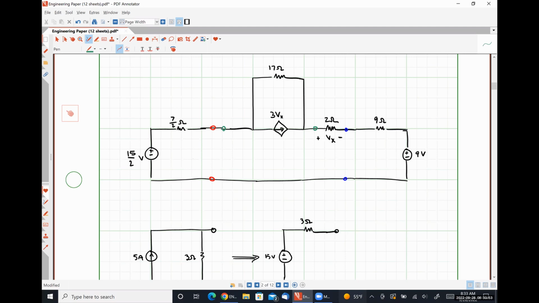Recall that V is equal to I times R. That's literally the rule we're using here. So if I is 3Vx and R is 17 ohms, 3 times 17 is 51. So our voltage source is going to look like 51 Vx in series with a 17 ohm resistor.